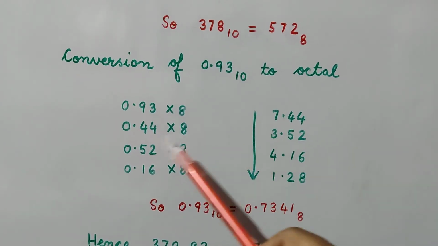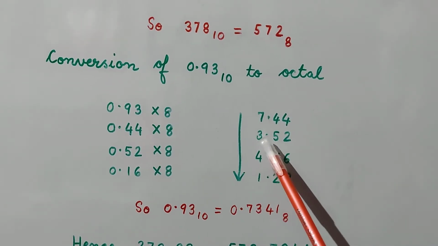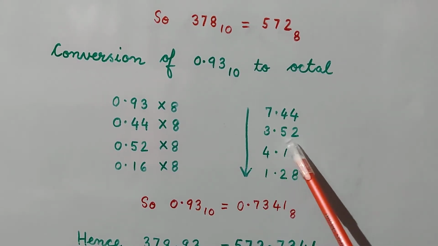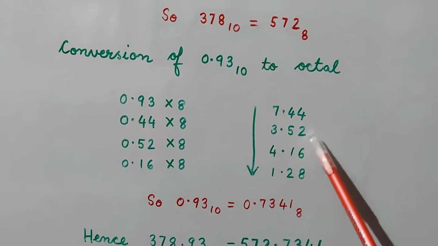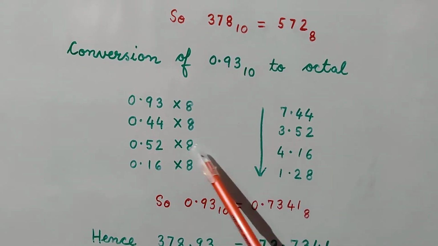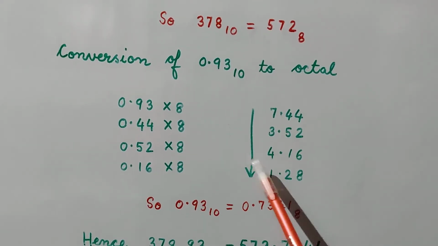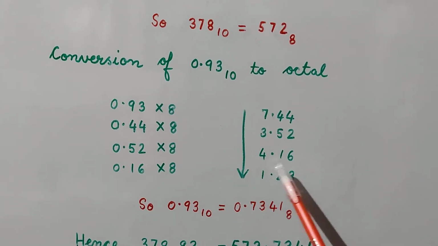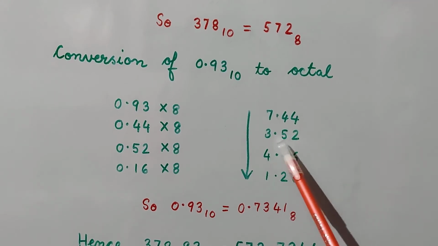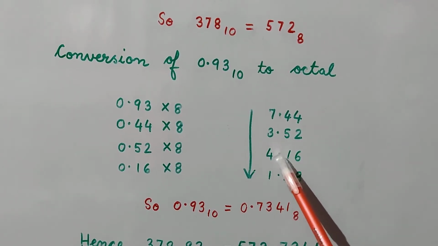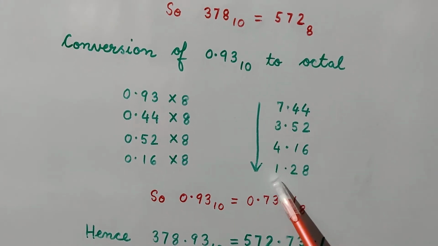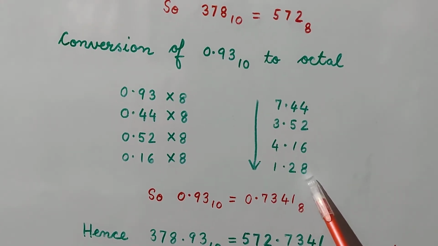So when 0.93 is multiplied by 8, we get 7.44, and when 0.44 is multiplied by 8, we get 3.52. We will leave 3 as it is, and then in the next step we will again multiply this fraction 0.52 by 8, which will come out to be 4.16. Now we will leave 4 as it is, and then we will multiply this new fraction 0.16 by 8, which comes out to be 1.28.